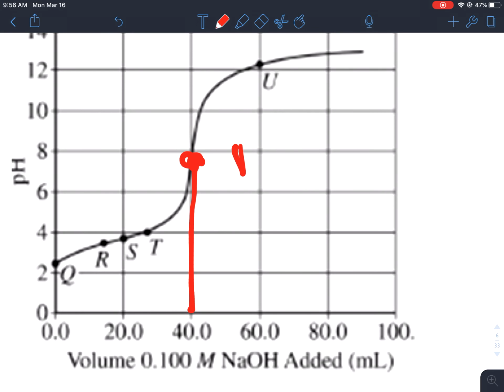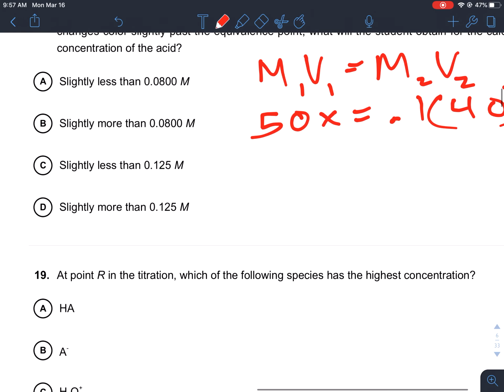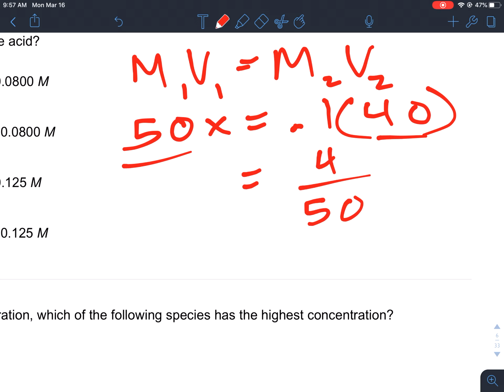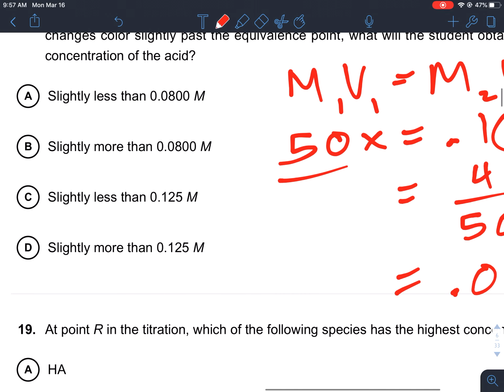That's what I'm supposed to use, M1V1 = M2V2. Ooh, so that gave me a number. Now, when I do this, it turns out that I get 4 over 50. And some of you guys are going to be like, why didn't you change that to liters? Well, if they're both milliliters, it's fine. So the 50 and the 40 are fine keeping them that way. Anyways, this is going to turn to 0.080. Yeah? So, okay, the answer has to be A or B.